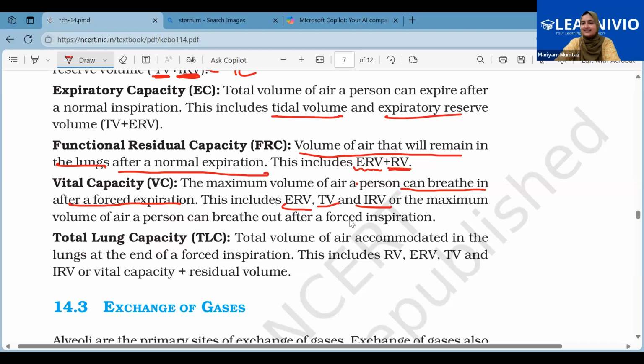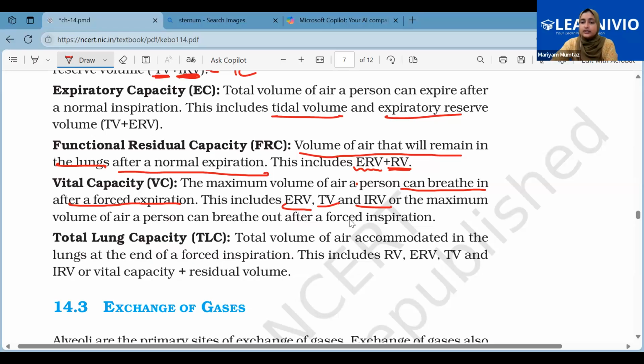I have a doubt. Explain again. See, for example, if you have breathed out very forcefully, then however much volume of air you can take in after you breathe out forcefully, that is called the vital capacity.